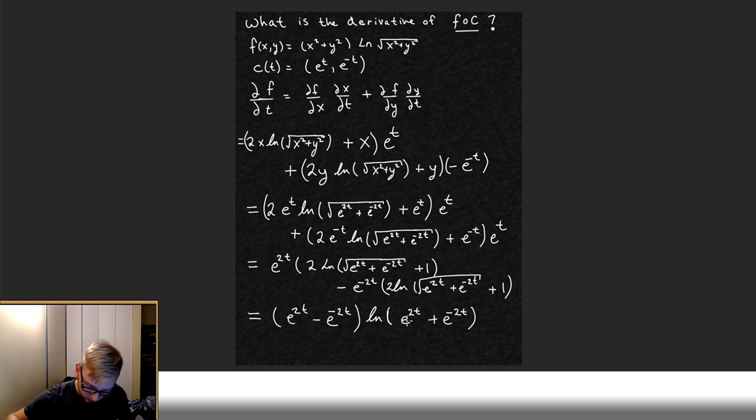I knew I was missing a 1 somewhere. I must have missed it in my notes when I was writing. I'm gonna write it in a big bracket. There we go.